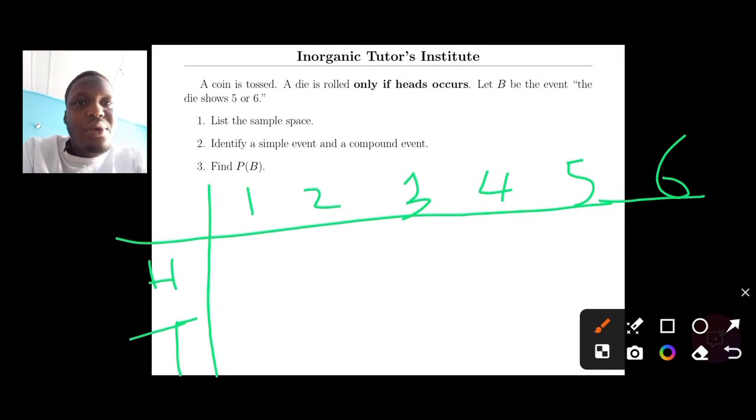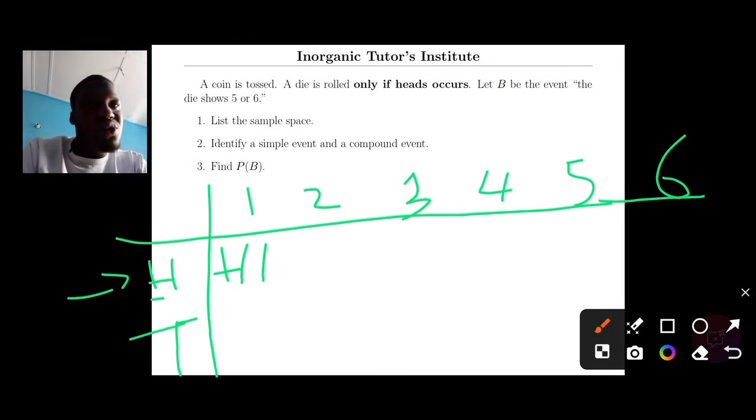Now, when we come to the row for the head, after getting a head, can we get a 1? Yeah, that is possible. If you get a head, it's possible you get a 1. So we can have head and 1. Because when you get a head, you roll a die, and it might be that you get a 1. So H1 is possible.